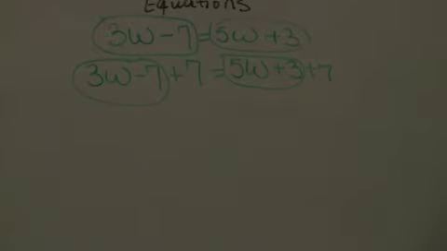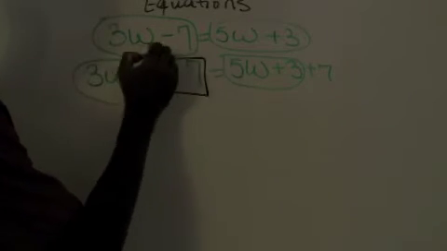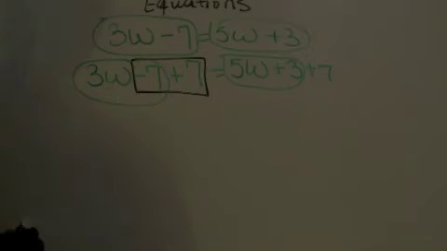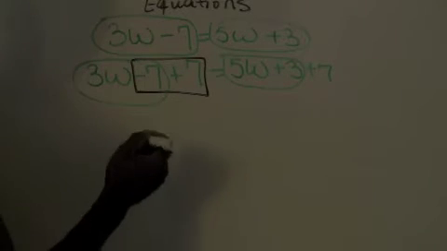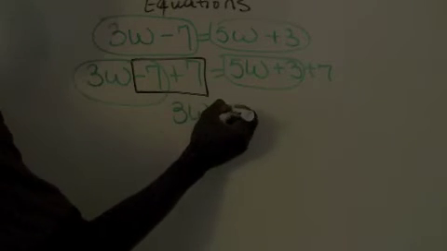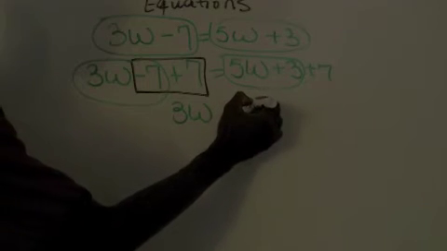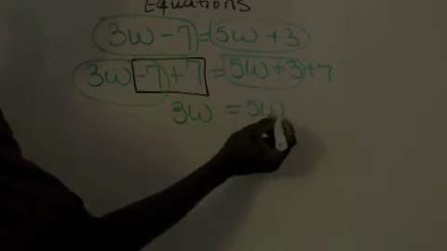Now, let us look at the additive inverse and combine like terms. On this side, the -7 and the +7 cancel each other out. And we have left the 3w equals. Now, notice on this side right here, the 5w, we don't touch it yet.